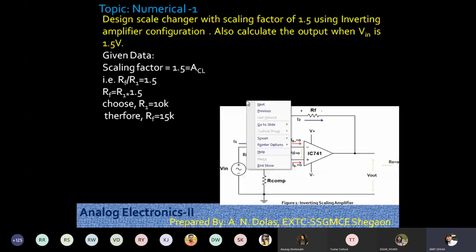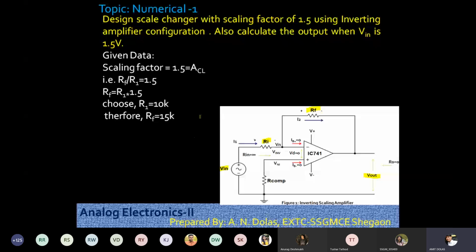So if I use RF equal to 15K and R1 equal to 10K, then whatever input we connect to this circuit is scaled by 1.5 and the output will be generated.